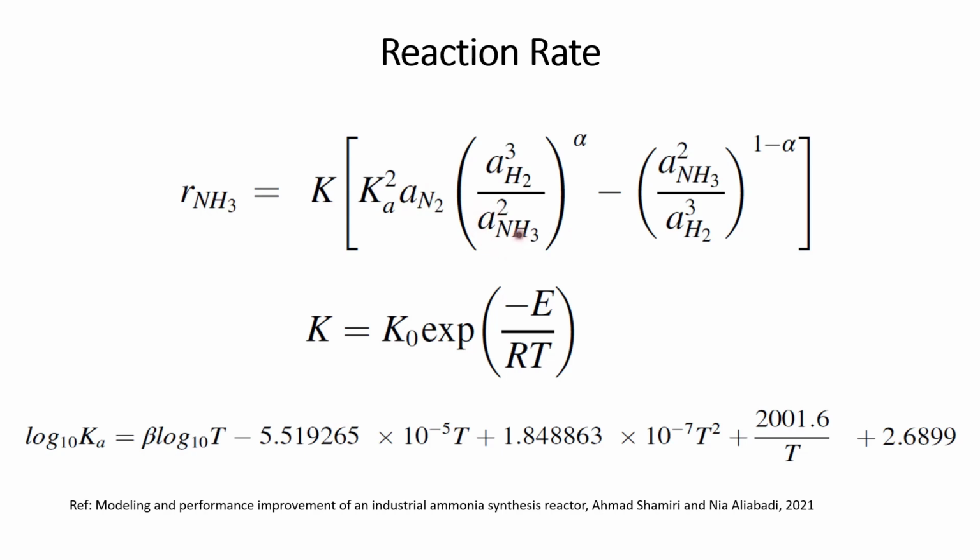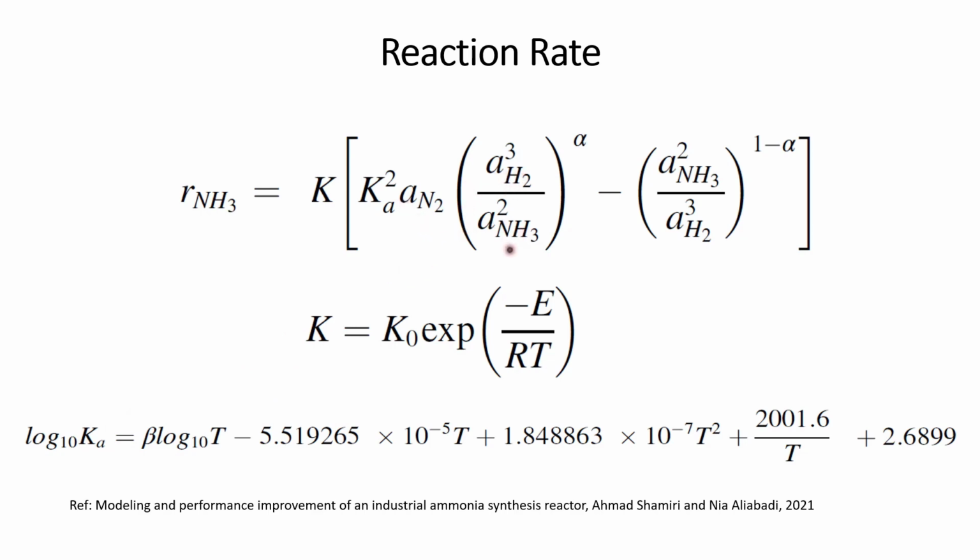Alpha is a constant value between 0.4 and 0.75. I see. What about the reverse reaction? The reverse reaction is described by an Arrhenius type equation. Okay, I understand. K and Ka are given by those two equations, but what about these activity coefficients?